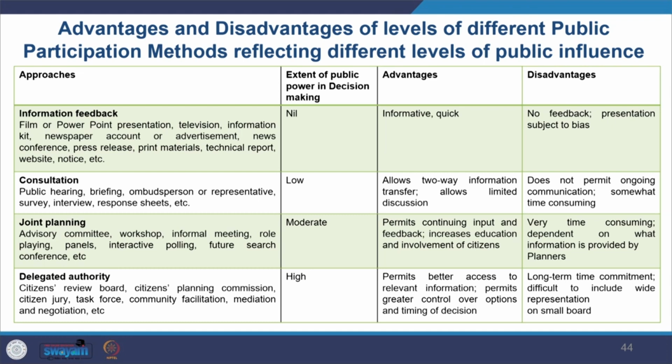But the disadvantage of this is that it is a long-term time commitment, and it is difficult to include wide representation on a small board. So engaging all of that is difficult. So this was about the advantages and disadvantages of levels of different public participation methods.